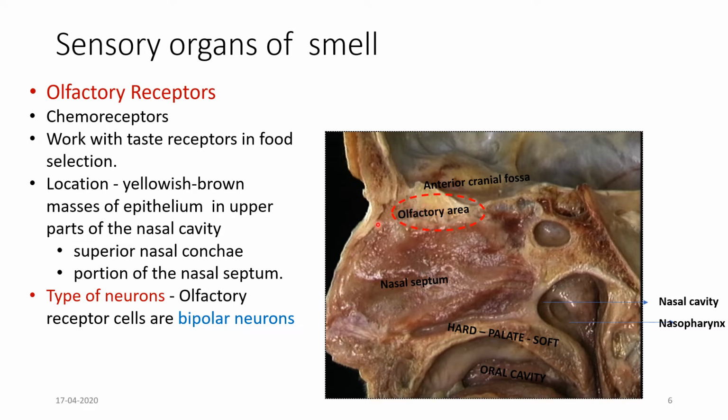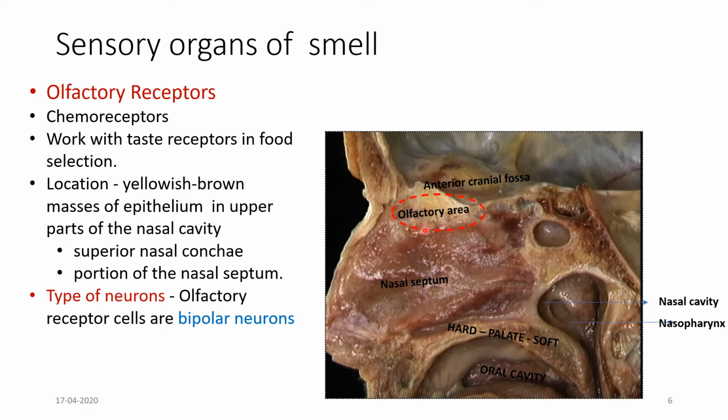In this picture, what you are seeing is the medial wall of the nasal cavity. This is the nasal septum, we call it. And this is the superior part of the nasal septum, where the olfactory receptors will be there in the olfactory epithelium.